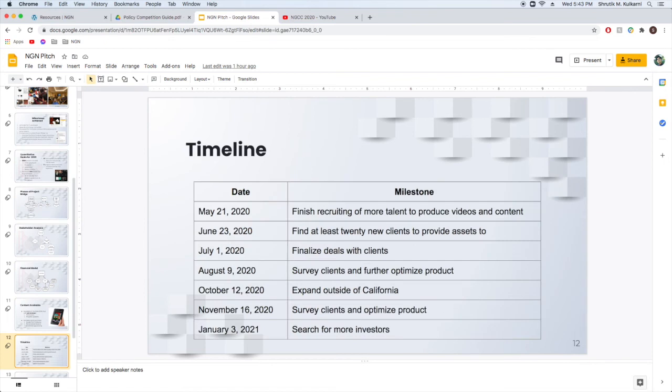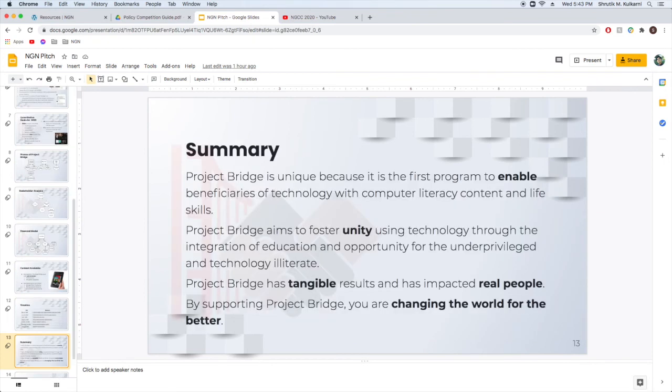Next up, we went over this timeline. I'm not going to go over this too much. But then you want to have a summary. This is not required in the presentation, but I do think this is a very good idea for any pitch to have, because it enables people to have a better idea of what exactly they just listened to, what exactly they're getting themselves into, and what exactly the cause they're supporting is.